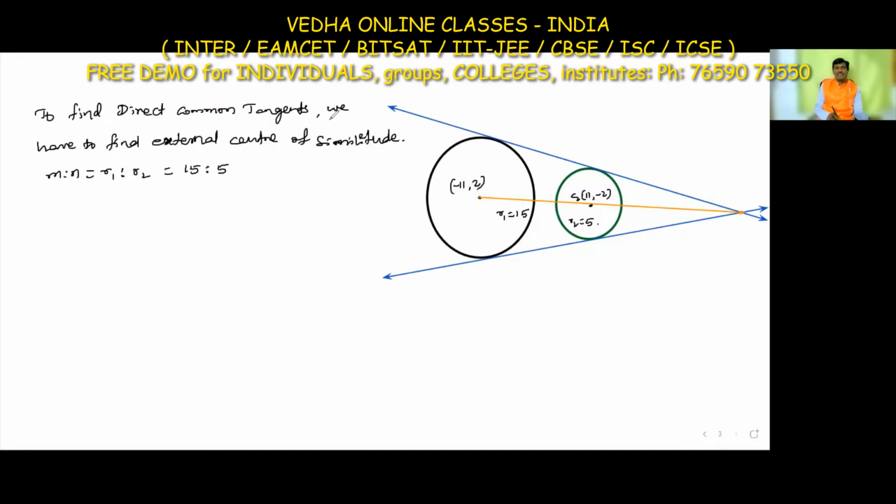We can cancel by 5: 5 ones are 5, 5 threes are 15. So 15 is to 5 is nothing but a 3 is to 1 ratio. This point divides C1 C2 in the 3 is to 1 ratio externally.